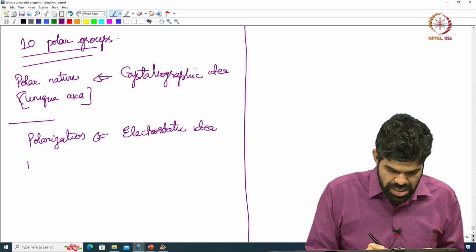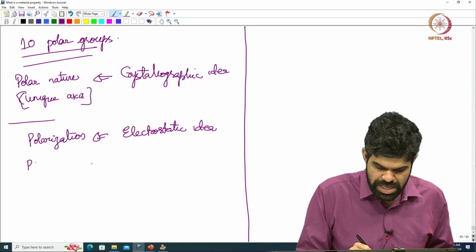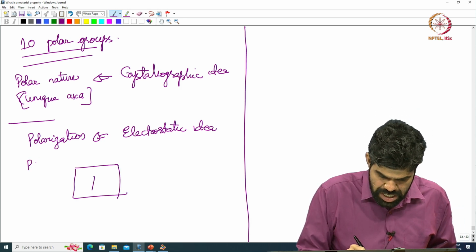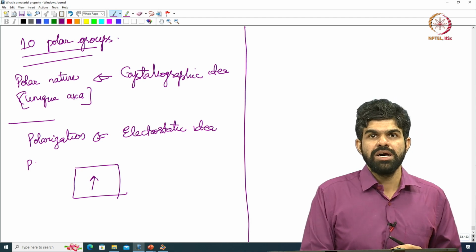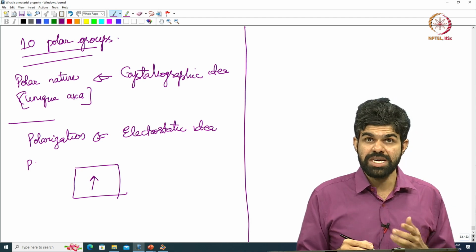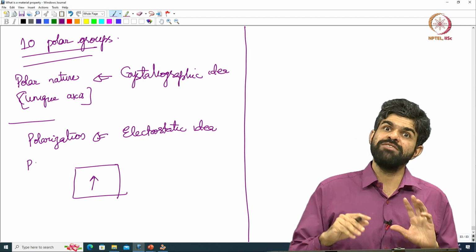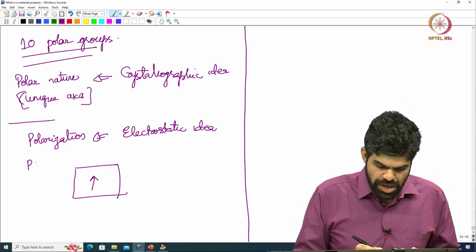So what is polarization? We looked at what polarization is. If I have a net dipole moment, in certain materials there is going to be a net dipole moment even when I do not apply any field. We have done this.